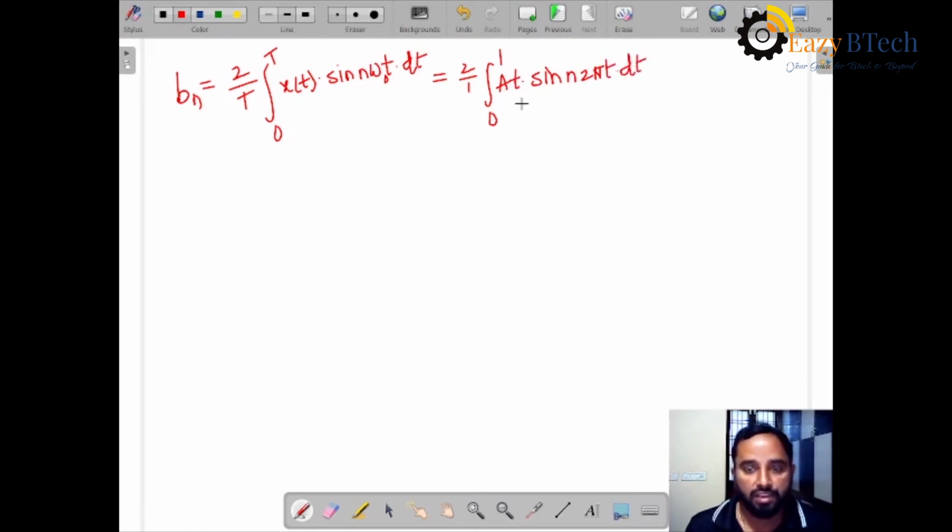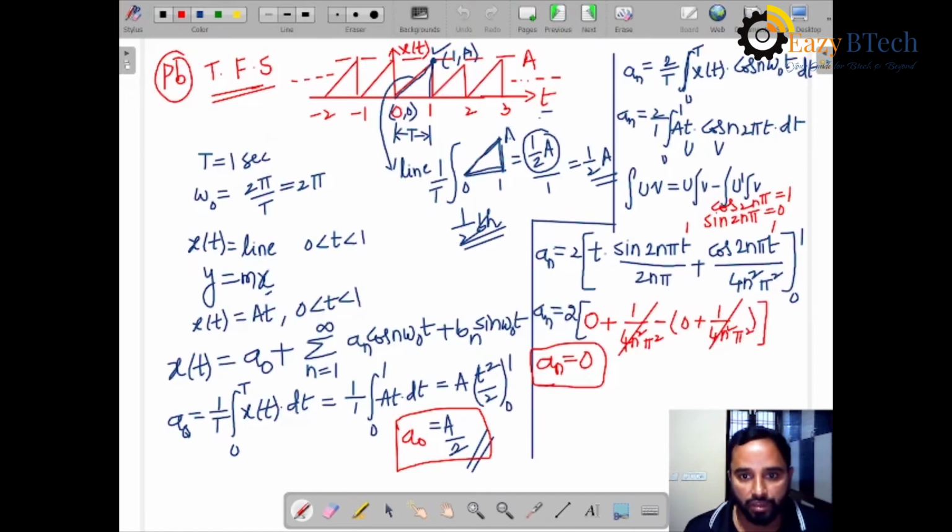So again it is like uv, so we can write integral uv. You can write the 2a outside. Previously also we had a outside, 2a.